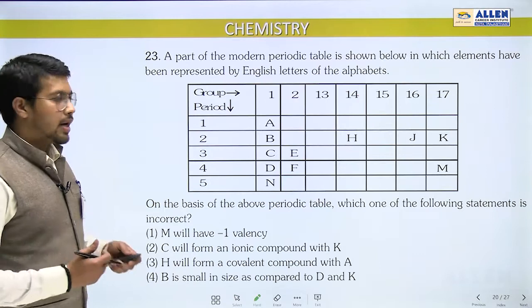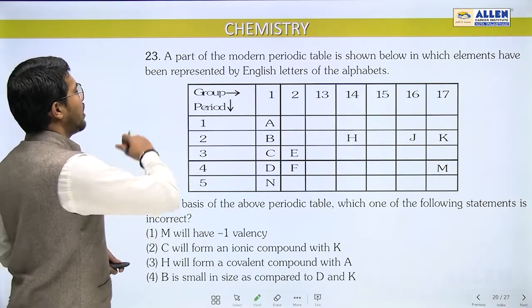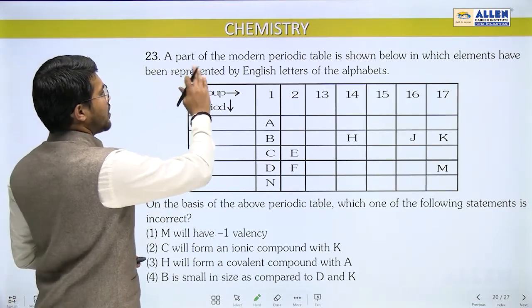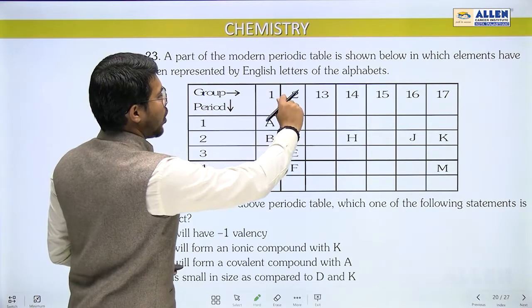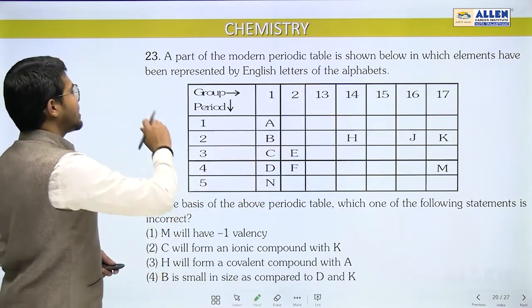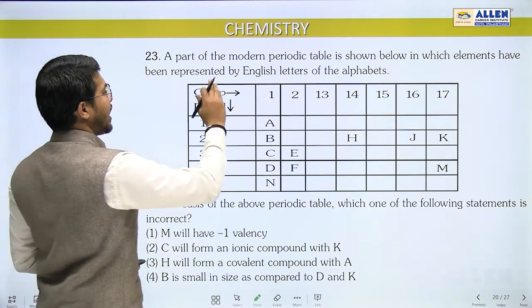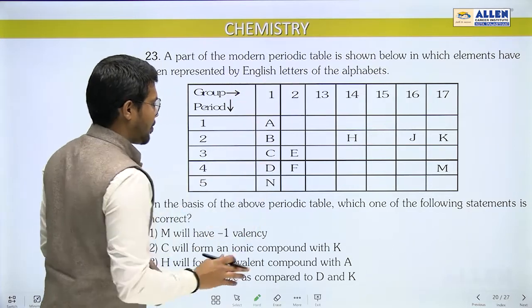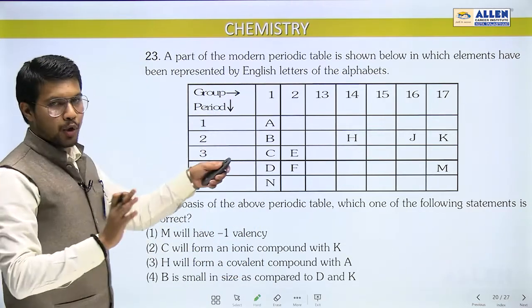Students, this is our next question, that is the 23rd. It is saying a part of the modern periodic table is shown below, in which elements have been represented by English letters of the alphabet. We have been given this periodic table.